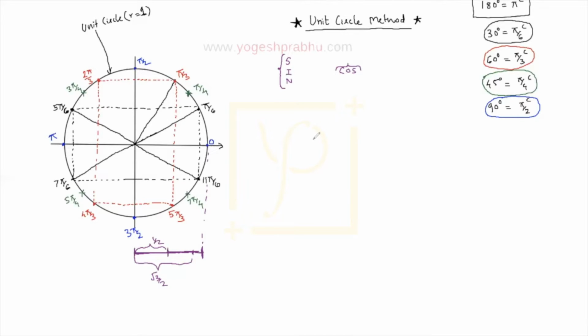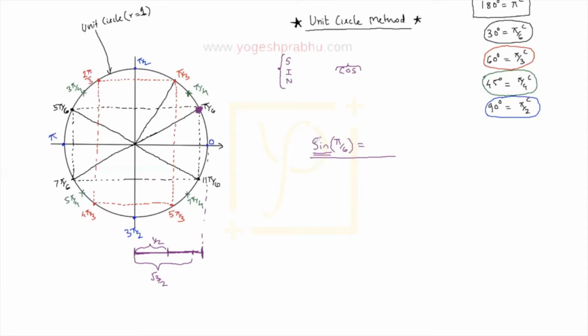Say I want to find sine of pi by 6. What is the value of sine pi by 6? First thing, you find out where that angle pi by 6 is. Do you see it is over here? This angle is pi by 6. Is it correct? Once you figure out the angle is over here, next you see what you want to find out, sine or cos.